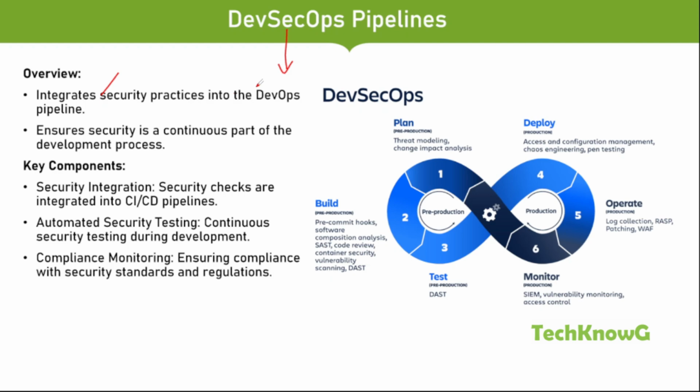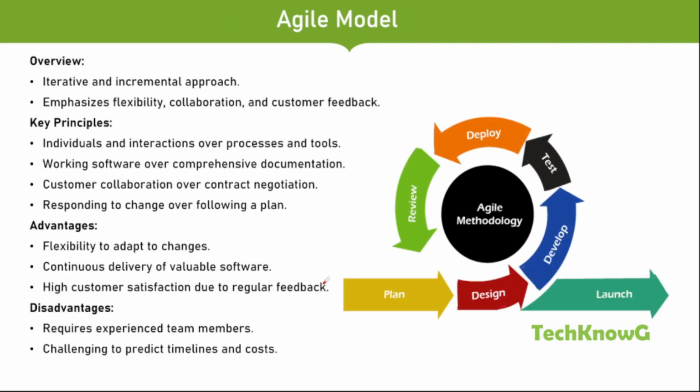Integrating security practices into the DevOps pipeline ensures security is a continuous part of the development process. This is also known as the shift left approach. Why it is called shift left: previously, in the software development life cycle, after the production launch, they used to do pen testing.